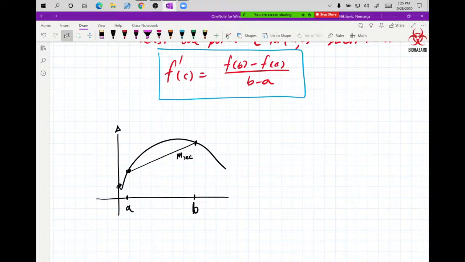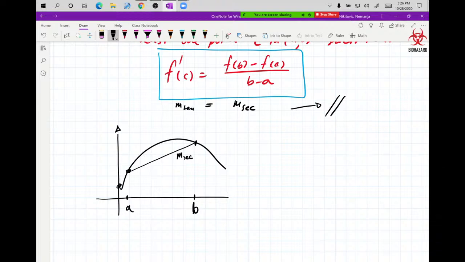Now, the derivative is the tangent line, and if m tangent is equal to m secant, that means the lines are parallel. That was the basic algebra idea. When the two slopes are the same, lines are parallel.